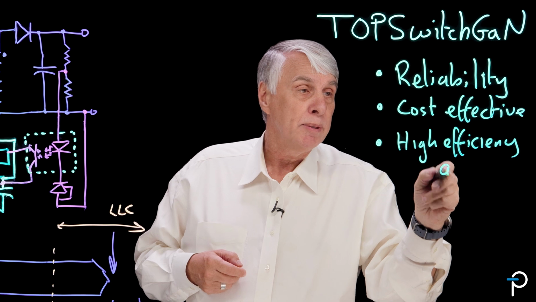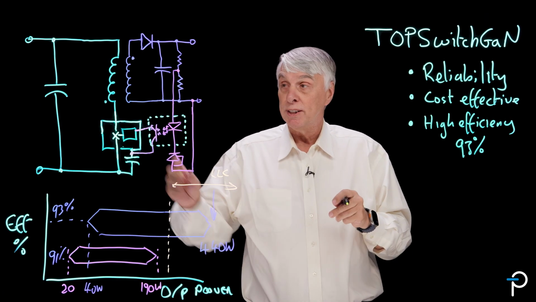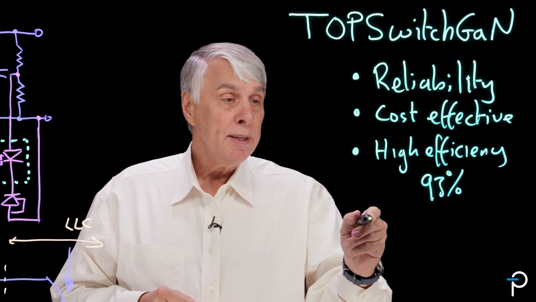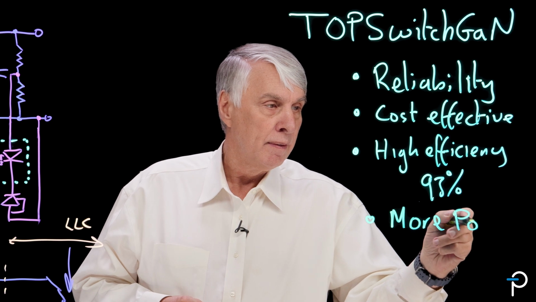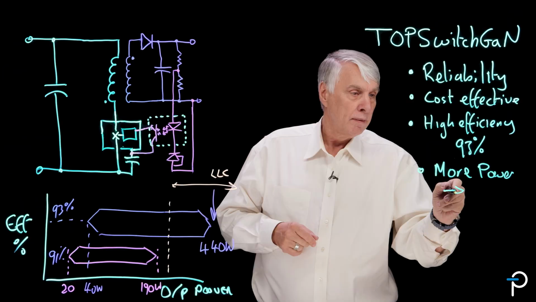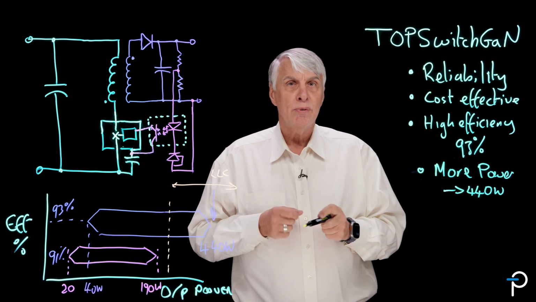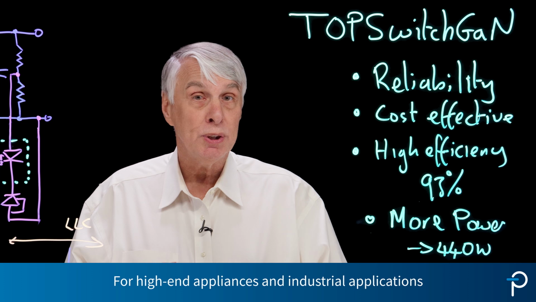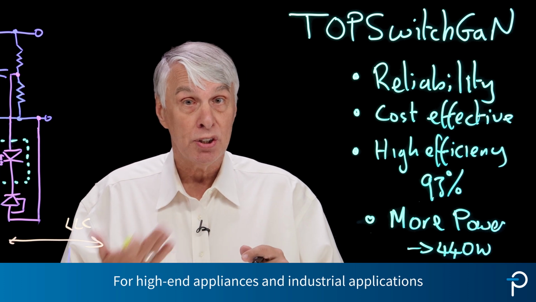Up to 93% full load efficiency, which by the way remains flat across the load range because of the switching algorithm in TOPSwitch. We are also able to extend the power range up to as high as 440 watts. This increased power allows flyback now to be an option for applications traditionally reserved for forward converters and resonant circuits.